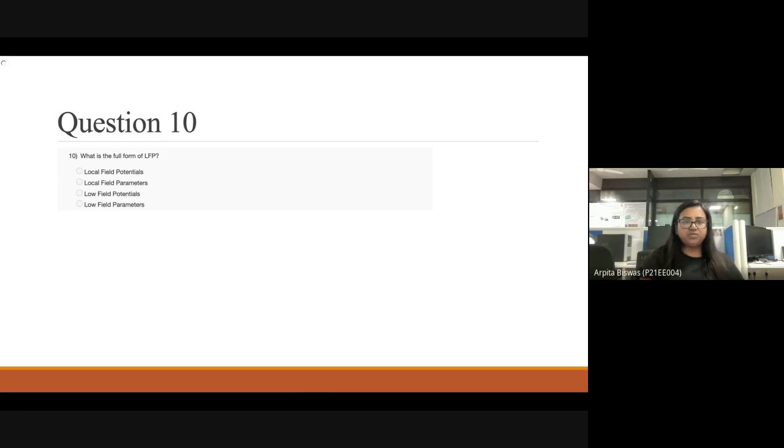So next move towards question number 10. What is the full form of LFP? First, the local field potential, then local field parameters, then low field potentials, and low field parameters.